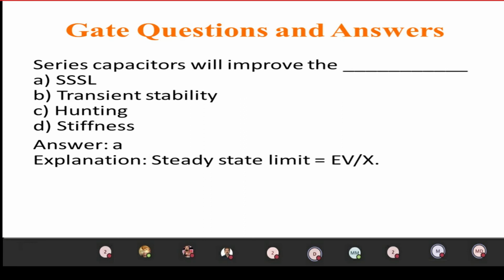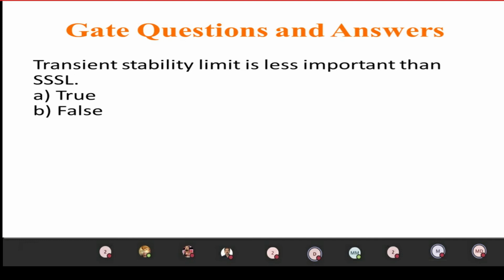So EB divided by X. So here, steady state stability. Another question: the transient stability limit is less important than the steady state stability limit.